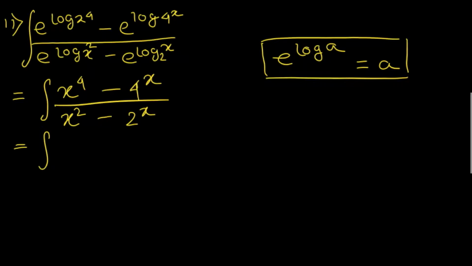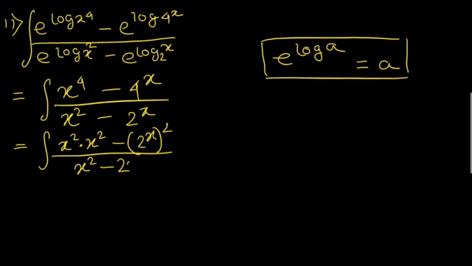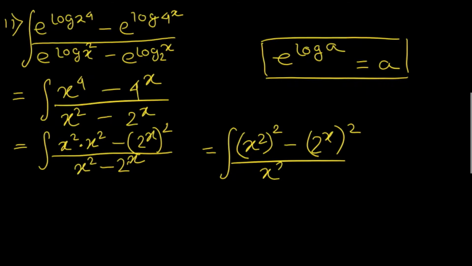So again integration of, you can break this term like this, x square into x square minus 2 to the power x whole square by x square minus 2 to the power x. So as you can see, x square into x square gives x square whole square minus 2 to the power x whole square by x square minus 2 to the power x.